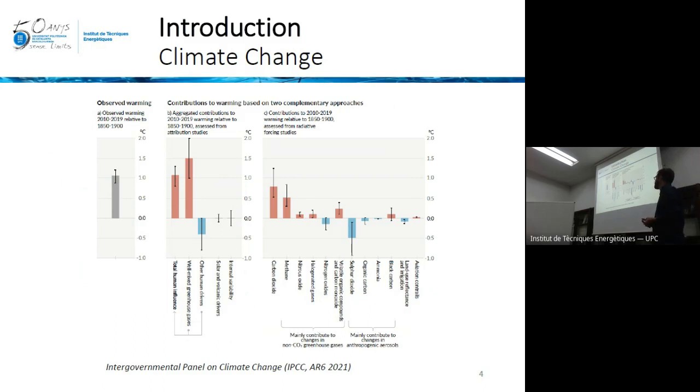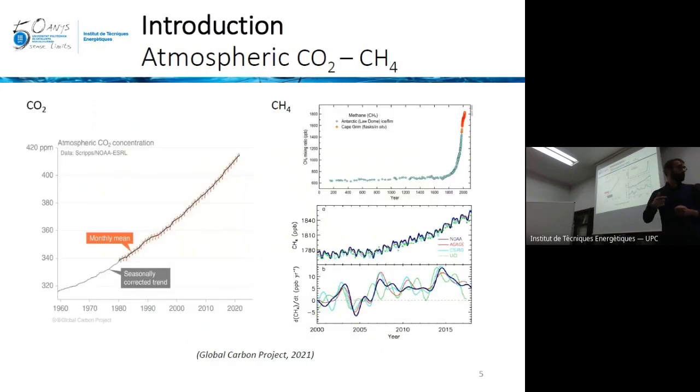The two gases that contribute most to this increase are known to be carbon dioxide and methane, according to the last Intergovernmental Panel on Climate Change. Looking at what's happening in the atmosphere, CO2 has risen from 300 to more than 400, up to 420 ppm in the last decades.